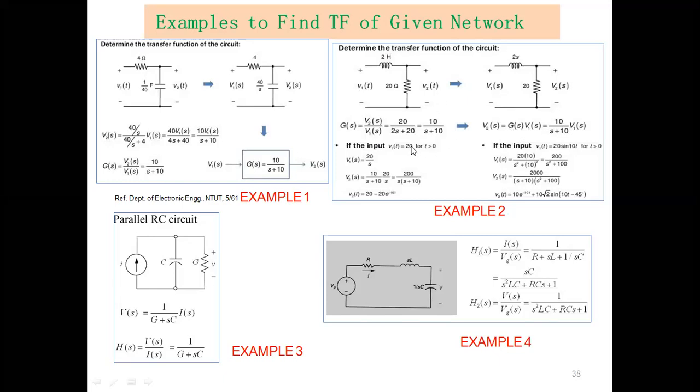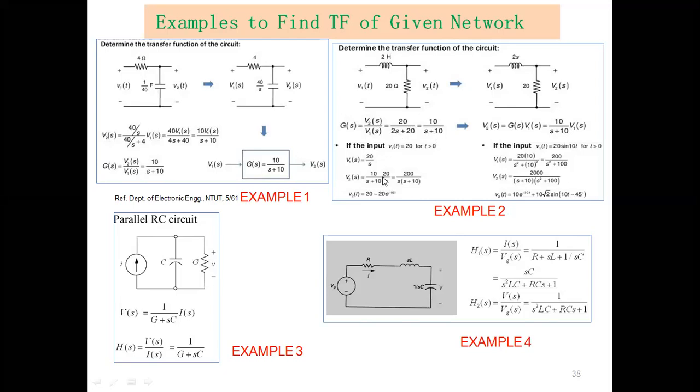Now, if the input is V1 of t equal to 20 for t greater than 0, you can take V1 of s equal to 20 by s, because what we are considering here is time greater than 0.